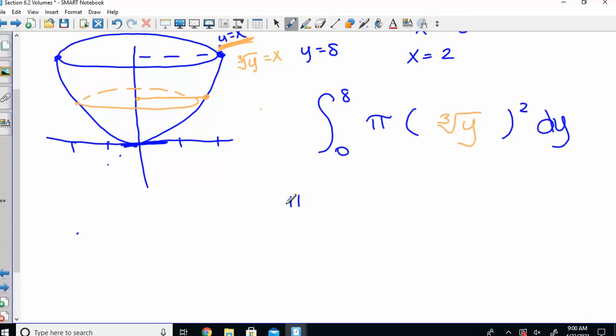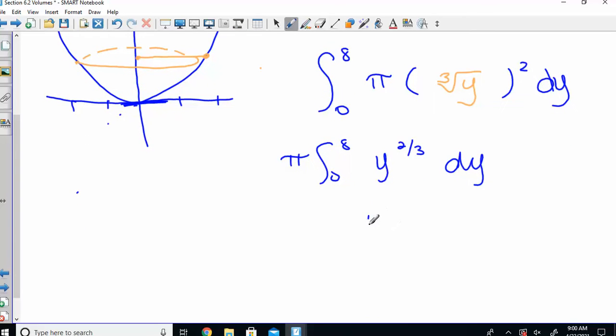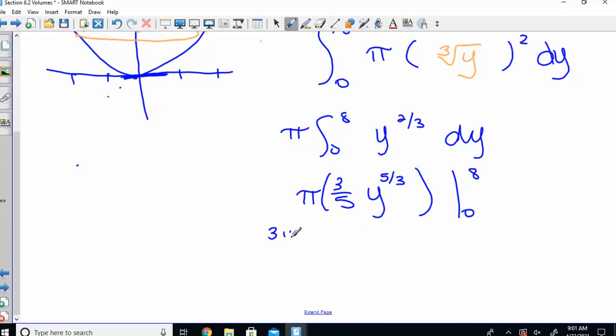Alright, so I could pull out my pi. That's like a y to the 1/3 squared would be y to the 2/3. So if we add 1 to the power, it's 5/3. Means we need a 3/5 in front. Well, let's practice evaluating with no calculators. So if I would have 8 to the 5/3 minus 0 to the 5/3.